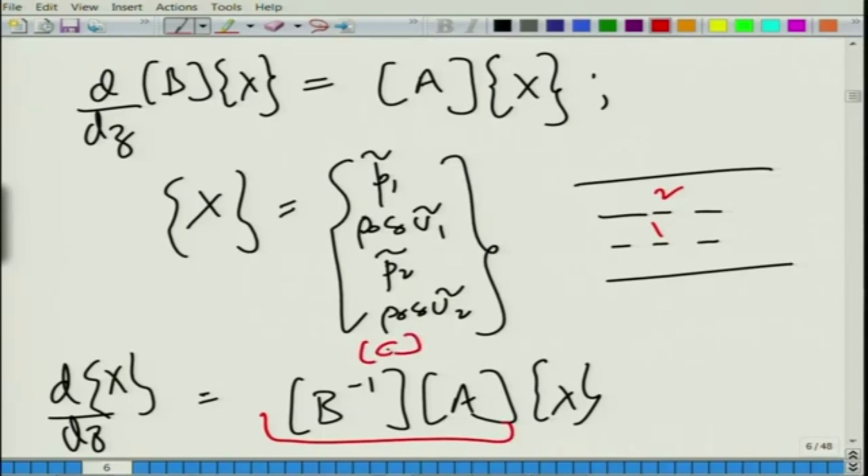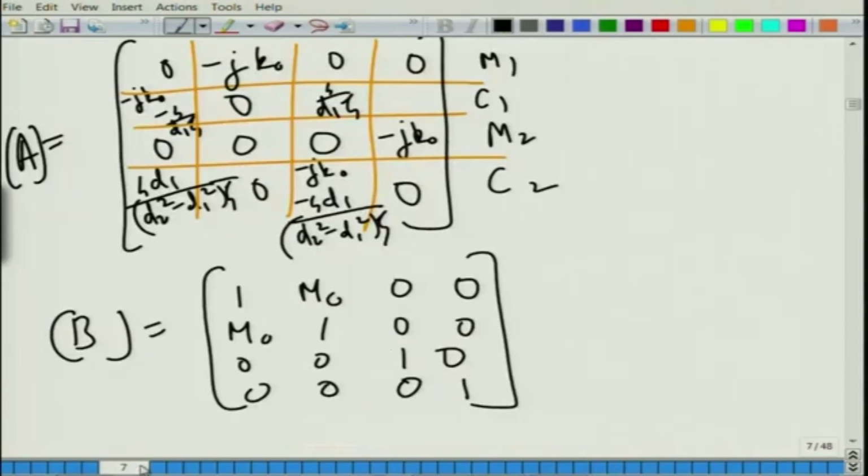One thing we realize is that because of the particular arrangement of the equations, where we put the continuity equation first and momentum second, it led to a different form of the B matrix. So we slightly rearrange that: the momentum equation is the first row now, continuity the second row, and so on.